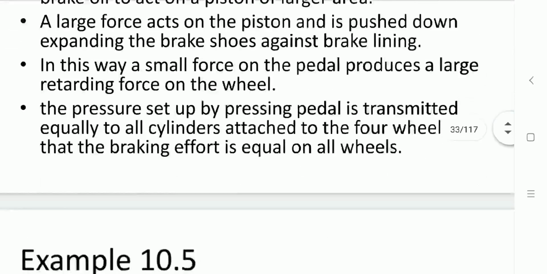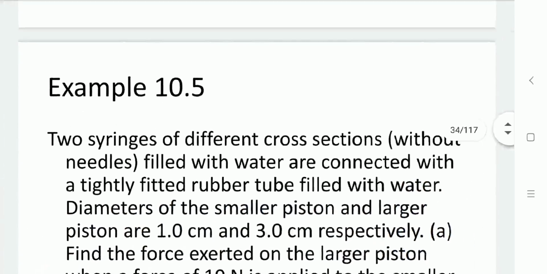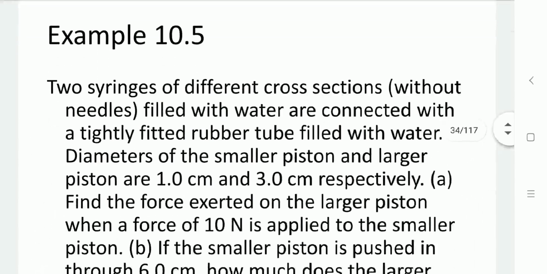Let us go through an example regarding the same. Two syringes of different cross sections without needles, filled with water, are connected with a tightly fitted rubber tube filled with water. The diameters of the smaller piston and larger piston are 1 cm and 3 cm.